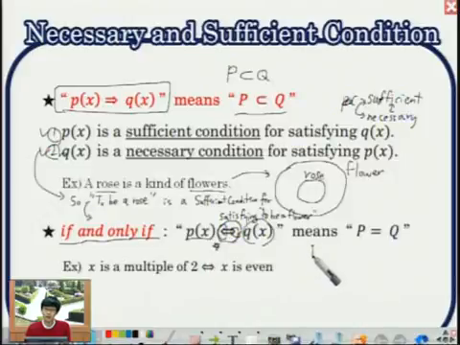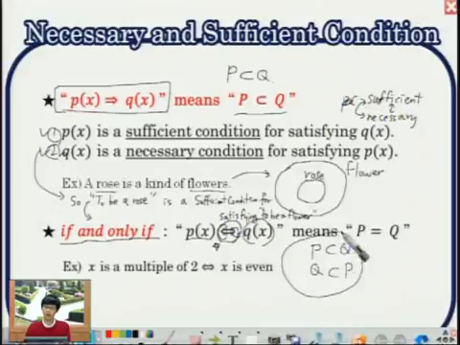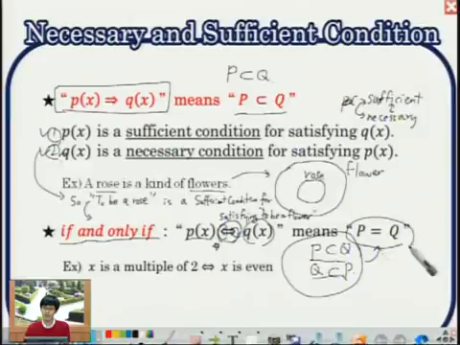So this is true, and this is true. Do you remember that I mentioned this in the first chapter? If this and this are satisfied, then you can say P and Q are the same set.